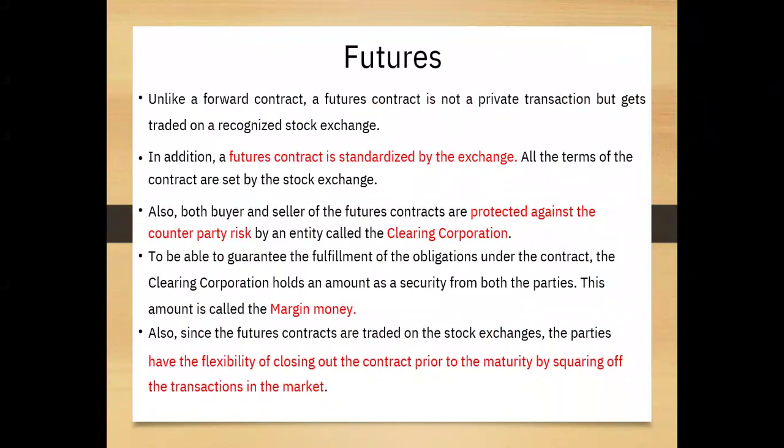That amount is called margin money. In our terminology, whenever we give rent or anything, we take some money known as token money. Similarly, in futures, for the purpose of guaranteeing the fulfillment of obligations under the contract, the clearing corporation holds some amount as security from both the parties, buyer and seller. That amount is called margin money.